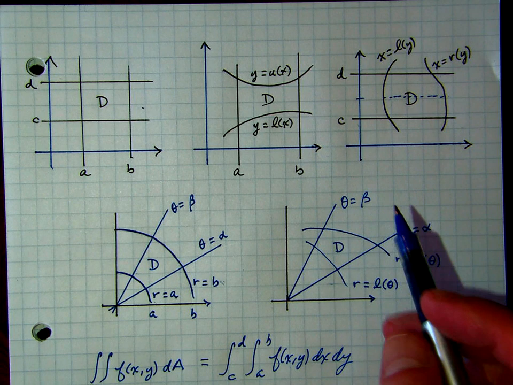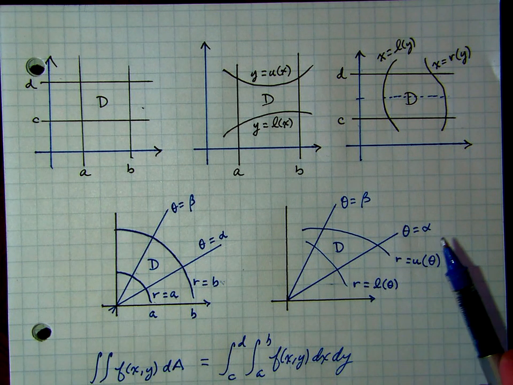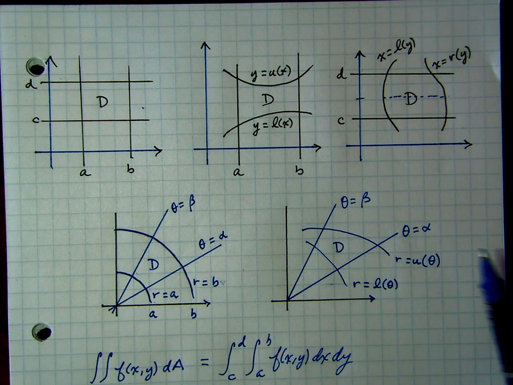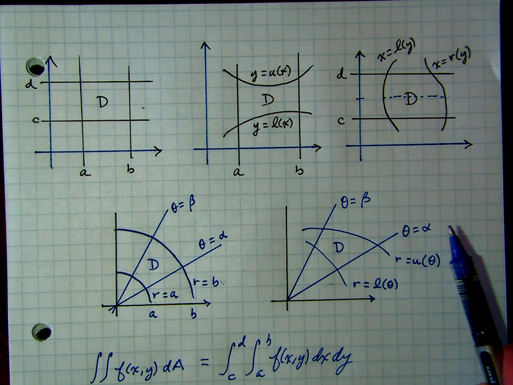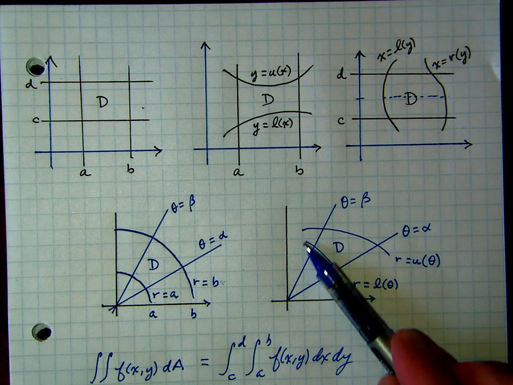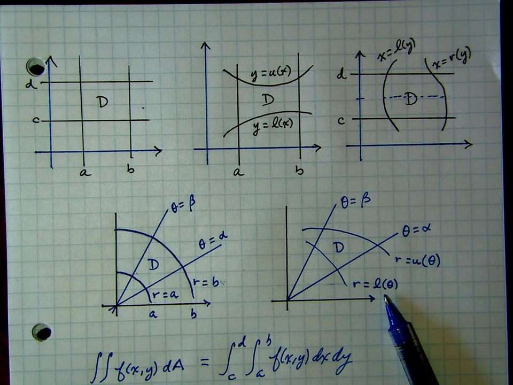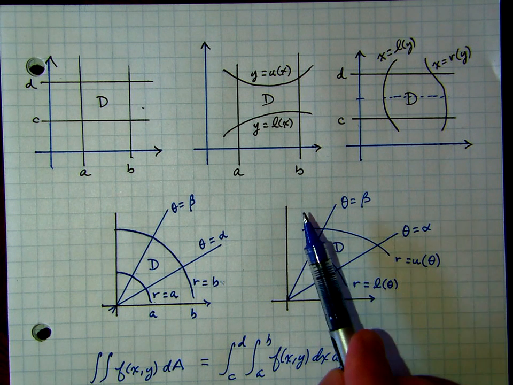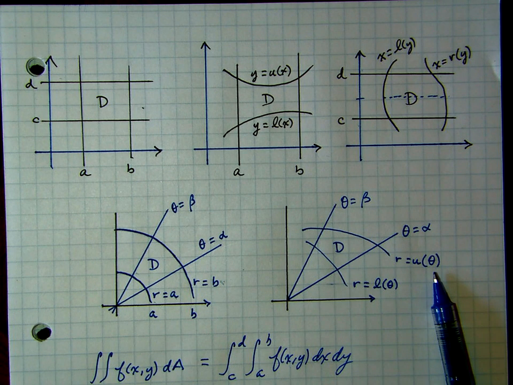On the other hand, sometimes you have a situation where theta has two constants of integration. Okay, they almost always do, the constant limits of integration. And r is some inner polar function. Okay, that's the lower limit of integration function. And you have the upper limit of integration function.